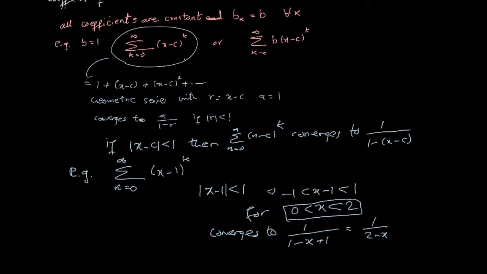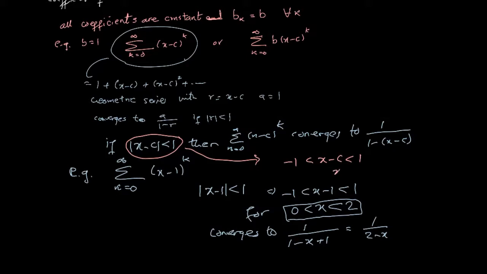Now, if I go back for a second, just to point out that if you look at this term here, later we will be using this idea: if I open up this bracket, this essentially means that x minus c is greater than minus 1 and less than 1.